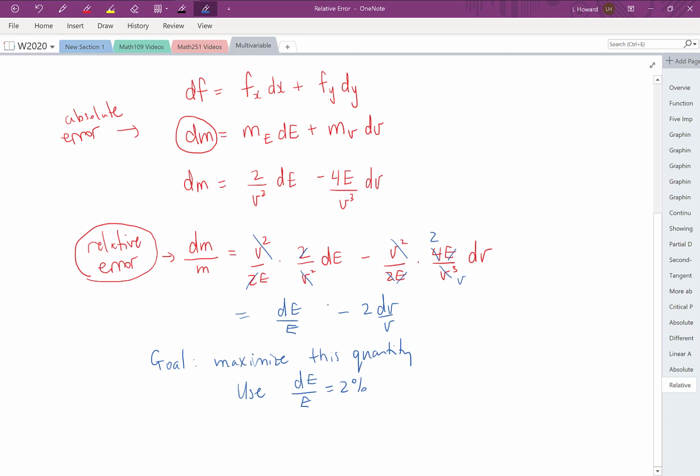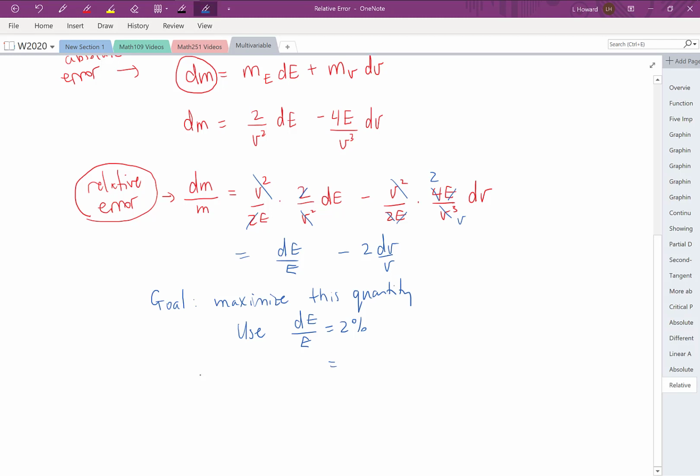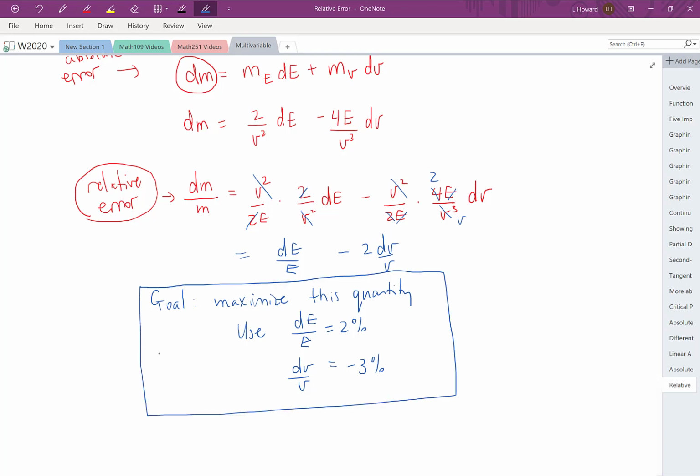But then for the second term, it's going to be a little bit different. You can see the second term has a negative coefficient. So if we overall want to maximize the relative error in m, we actually want to use a negative quantity for the relative error in the speed. So we're going to use dv over v equals negative 3%. And that's going to make our dm over m as big as possible.